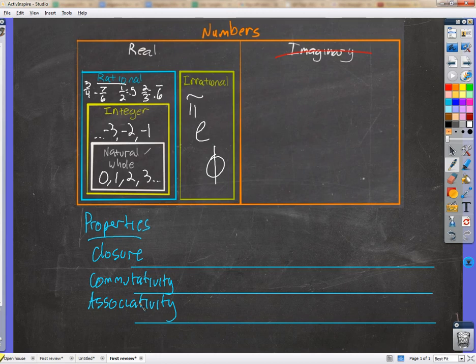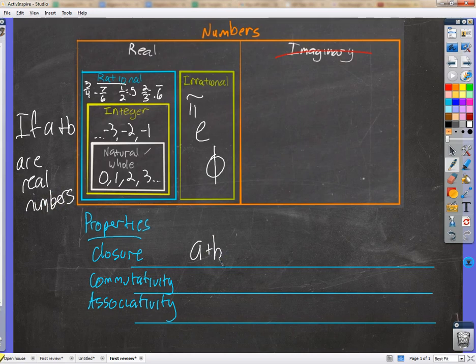Okay, so closure. Let's start with addition. Let's say A and B are real numbers. Then if I add A and B, a real number plus a real number, what will I get? A real number.